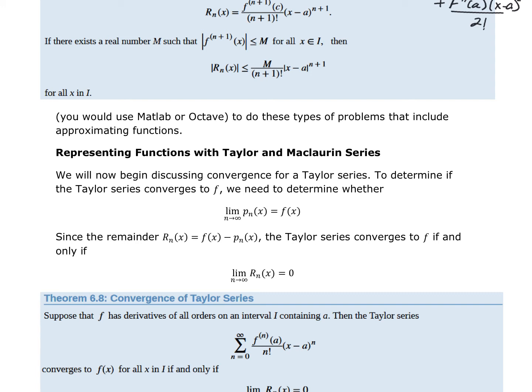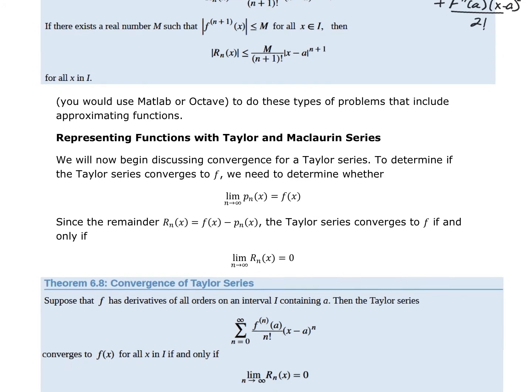We'll survive. Now, if we want to represent a function with a Taylor and Maclaurin series, we will now be beginning that discussion about convergence. To determine if it converges, we're going to take the limit as n goes to infinity of our Taylor polynomial. Since the remainder of this function is f of x minus p sub n of x, the Taylor series converges to f if and only if the limit of the remainder as n goes to infinity is equal to 0.